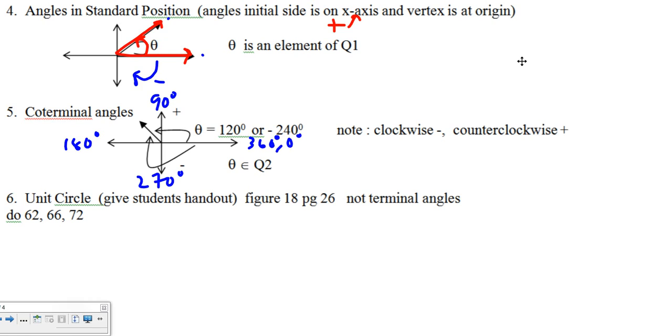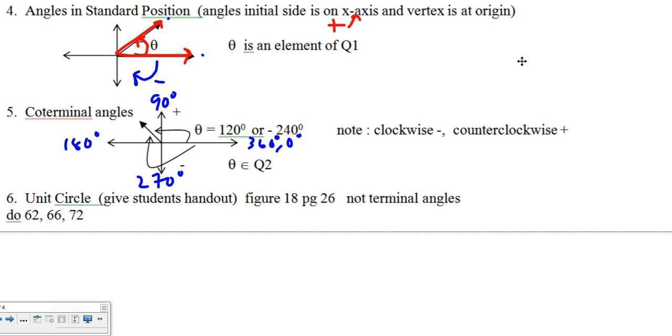Those are benchmarks on how to figure out where to draw those angles. So if I want to draw a 120 degree angle, I'm going to start at 0 and move along past 90, but before I get to 180, and throw that terminal side somewhere in between. It doesn't have to be perfect, but it should be closer to the 90 than the 180. That will be 120 degrees.